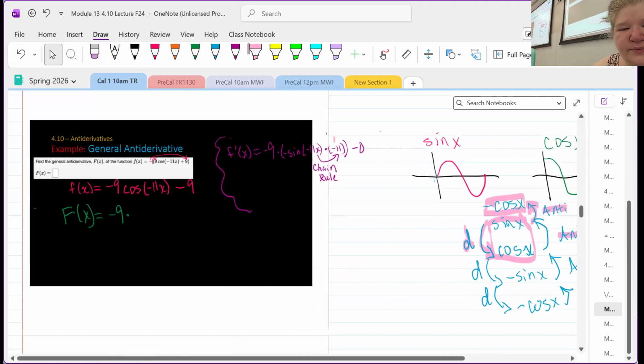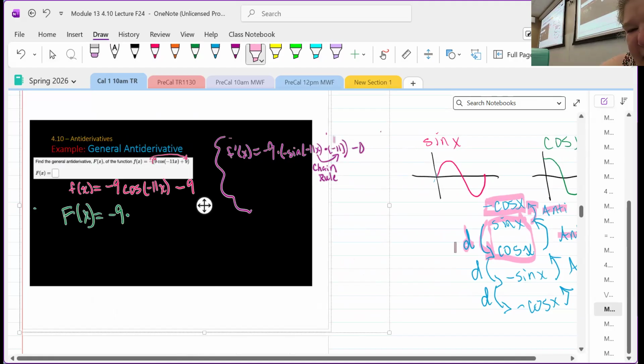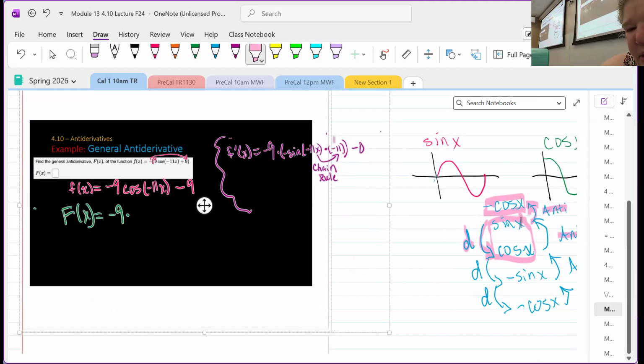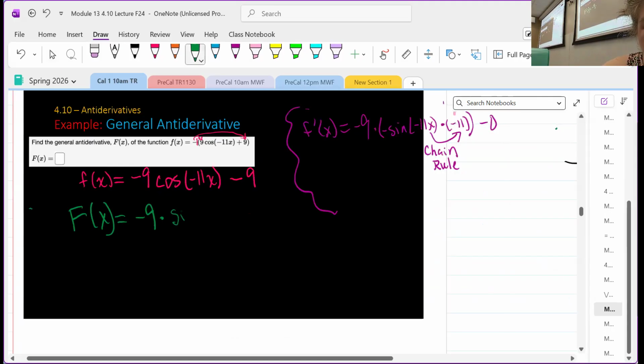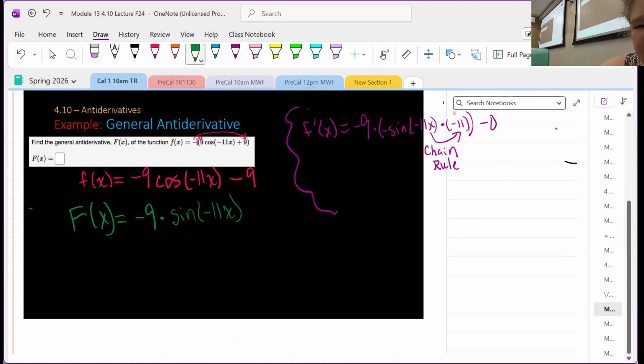So when we're looking at cosine here, antiderivative of cosine, cosine goes back to sine. So this will be sine of negative 11x, because when we did the derivative, the inside of the trig function stayed the same. So when we do the antiderivative, the inside of the trig function will stay the same.